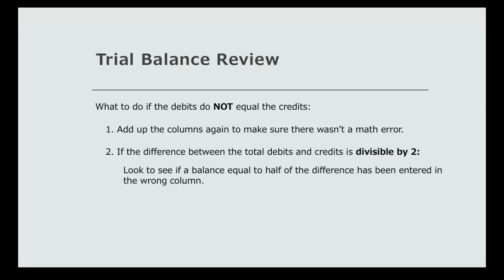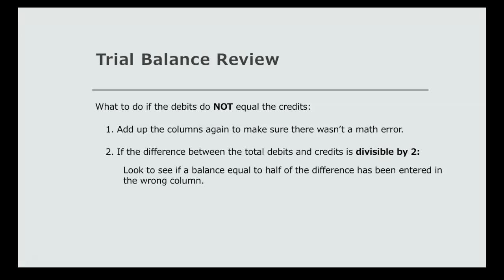So, for example, if your total debits equal $5,000 and your total credits equal $4,000, we have a difference there of 1,000. So we would be looking for a balance in our trial balance of 500.